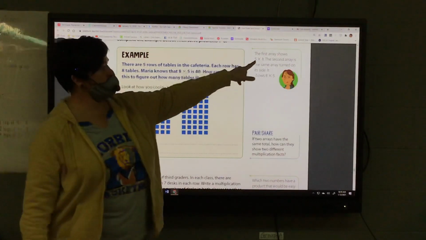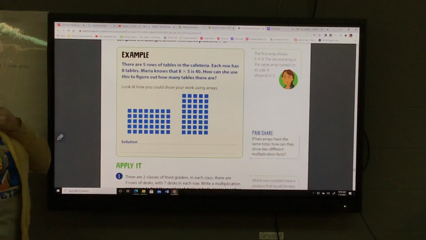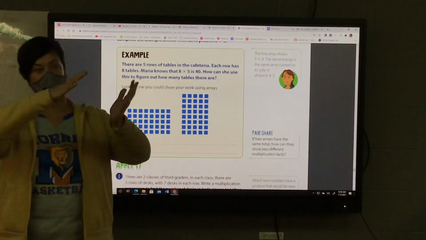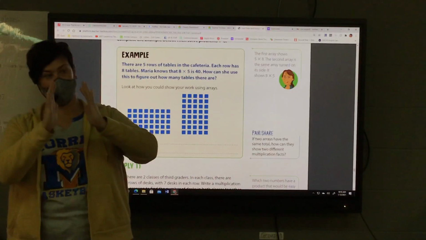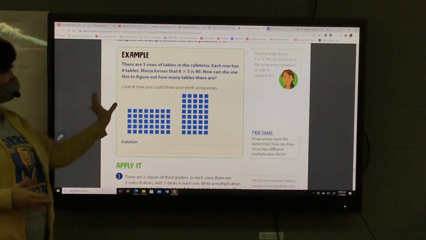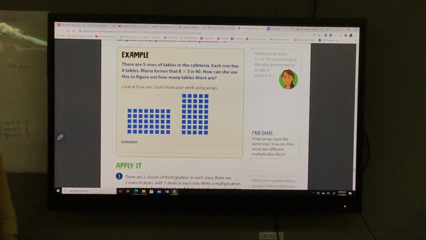All right, so the first array shows 5 times 8. The second array is the same array, it's just turned up on its side, right? So it's like they took this and they turned it on its side, but it shows 8 times 5.